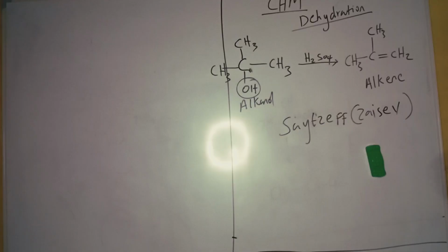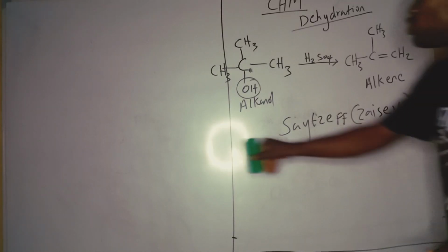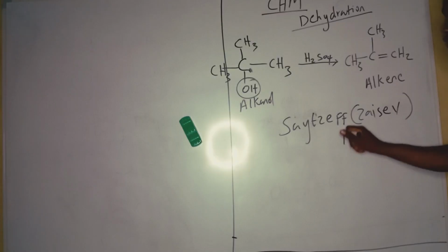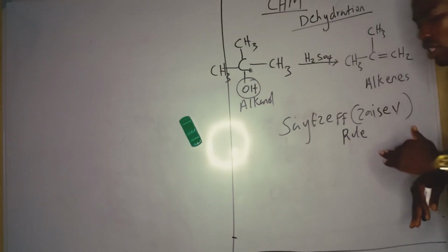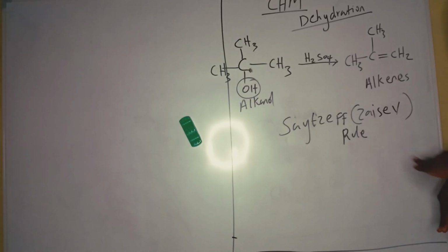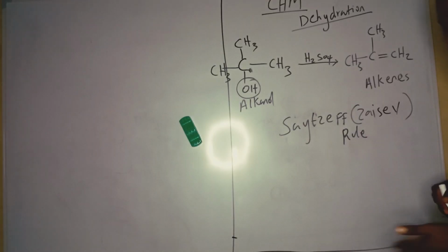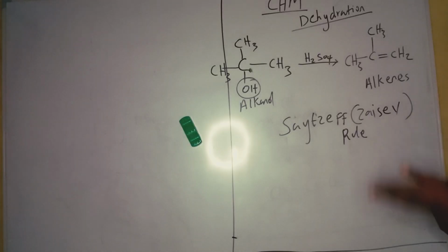Now, Alexander Zaitsev in 1875 proposed a rule, and follow me because this rule will guide all our elimination reactions. If you are learning how to prepare alkenes in subsequent videos, alkene preparations are usually from elimination reactions: dehydrohalogenation, even dehydrogenation.